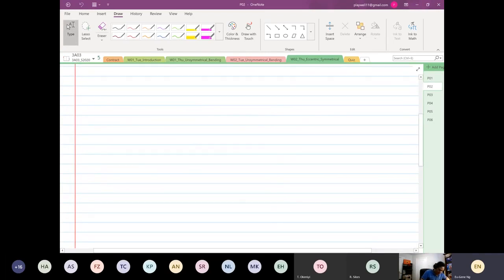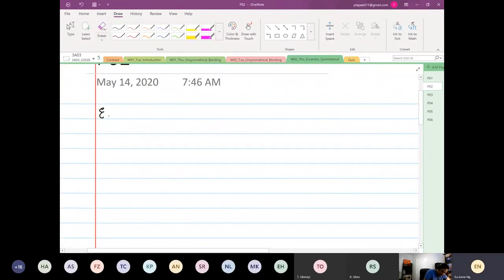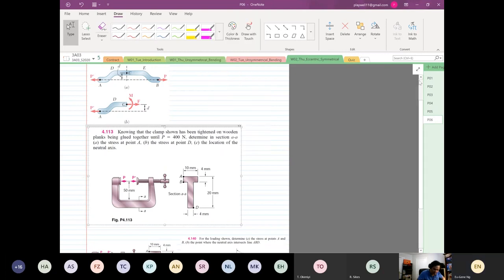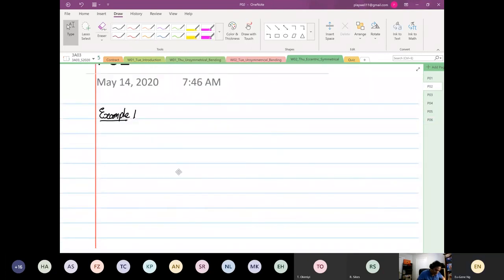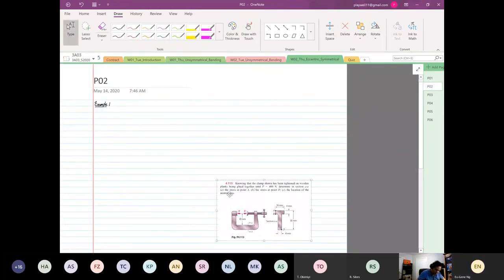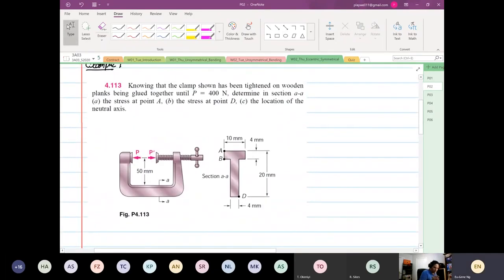We're going to look at example number 1, which I'm going to copy the question now. Knowing that the clamp shown has been tightened on wood planks being glued together until P is equal to 400 newtons.